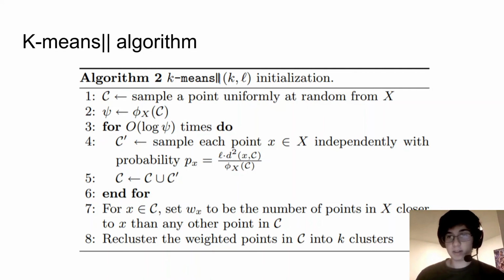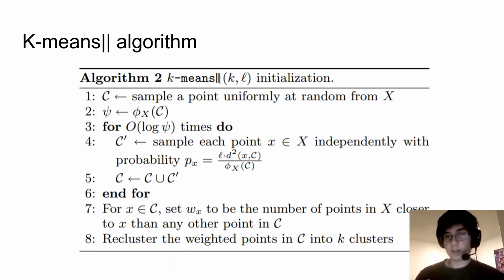And once we've done that log psi times, we get to step 7, where for each point in C, we see how many points it is closest to, as opposed to any other point. So if you are closest to 2 other points, you'll be weighted twice as much as if you're just closest to 1 other point. And then in step 8, you recluster those weighted points and you get k centers.